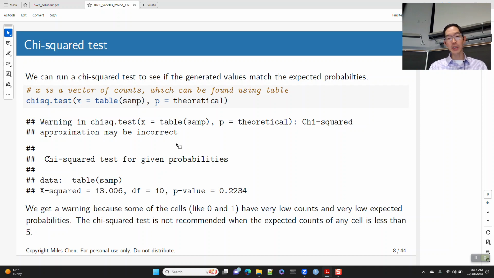And the reason why we're getting a warning is when you do a chi-squared test, one of the conditions for the chi-squared test is that none of the categories have very, very small counts. You want to make sure your expected counts for each of the possible outcomes, each of the possible categories, is at least 5. That's kind of our rule of thumb here.